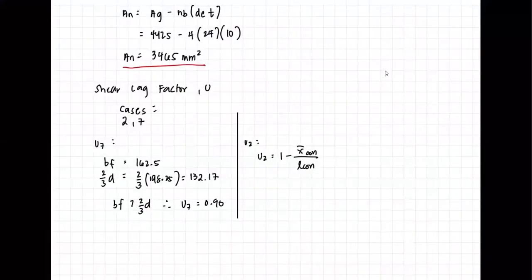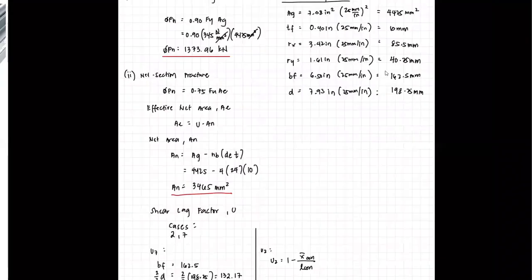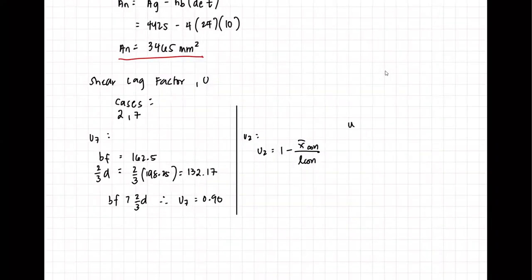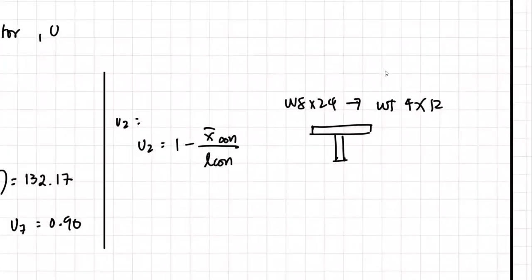For our case, our section again is a W8 by 24. So we need to get WT 4 by 12 and identify the value of its centroid. This is our section, this is the centroid, and this is the connected face. To get the value of x bar, we need the value of bar y.